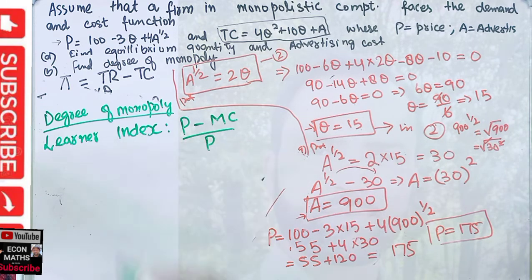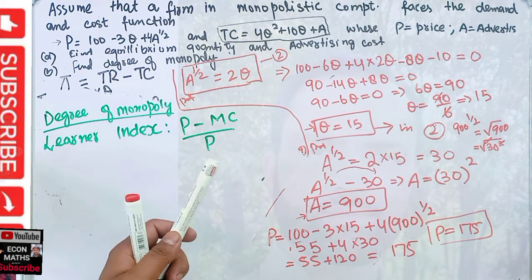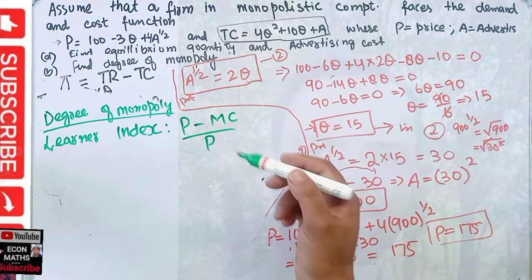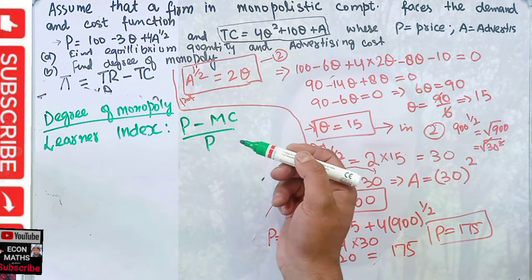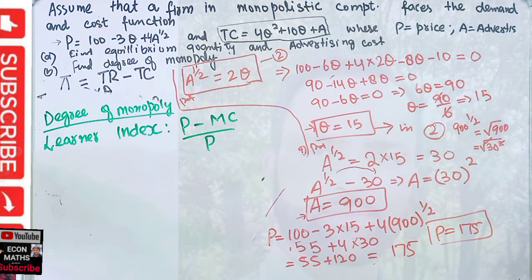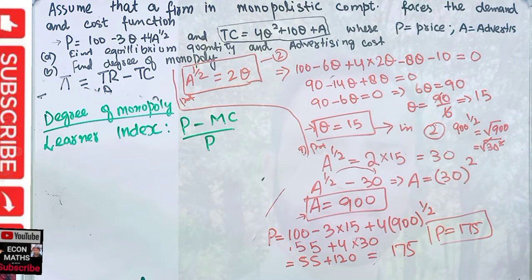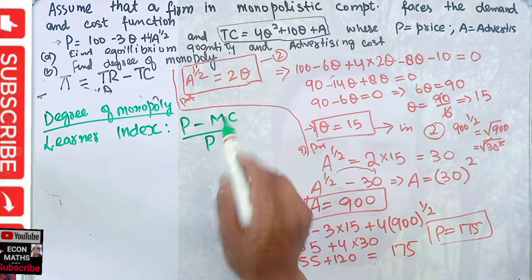This is the Lerner's index, which is used to compute the degree of monopoly. Now this shows how much of a markup the firm is charging above its marginal cost as a proportion of its price. So we can find the numerical value of the degree of monopoly. For that we need to find the marginal cost.